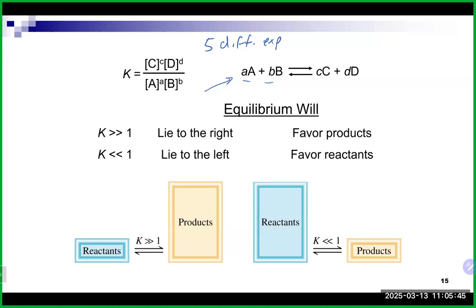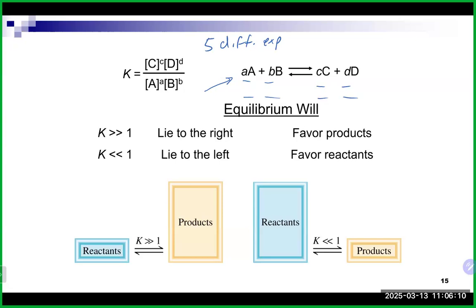In the second experiment, you started with products, but no reactants. In the third experiment, you had a little bit of reactants, a little bit of products, and so forth along the way. No matter what happens, as long as the temperature stays the same in all 5 of those experiments, the equilibrium constant should be the same value, and you'll get the same proportion.